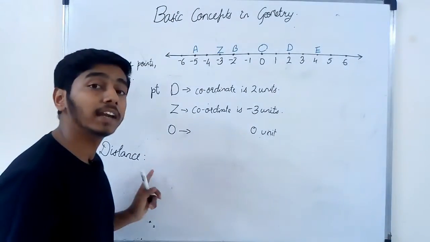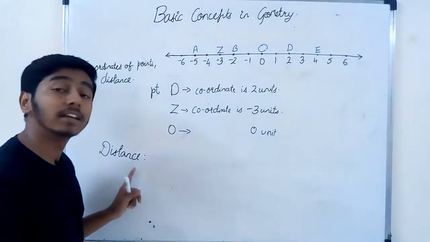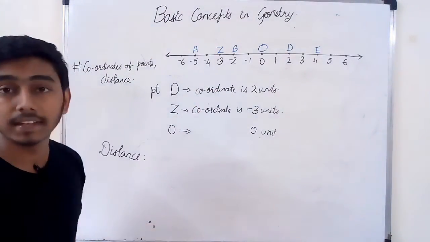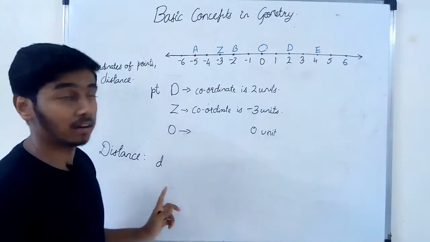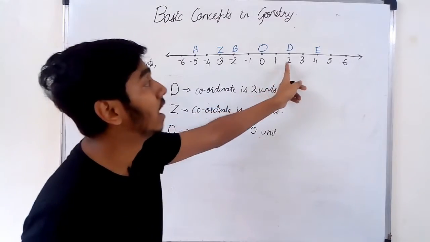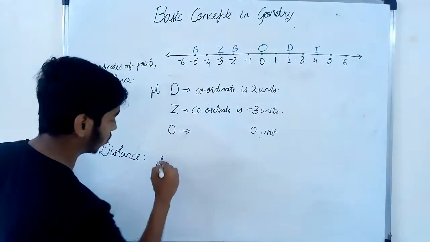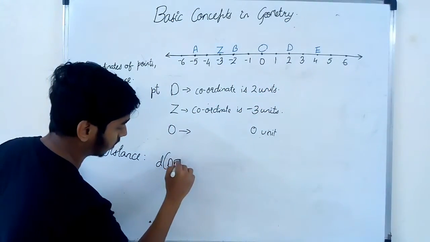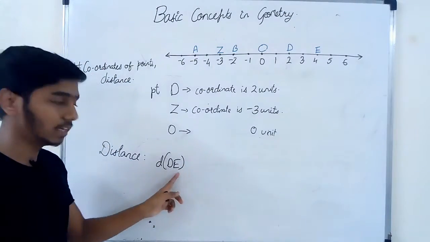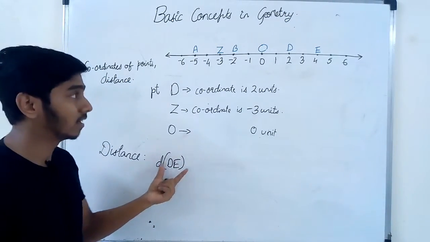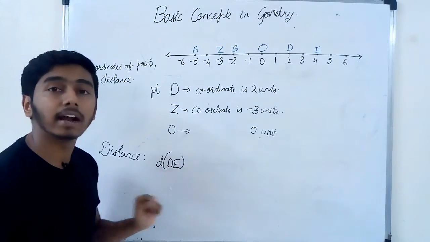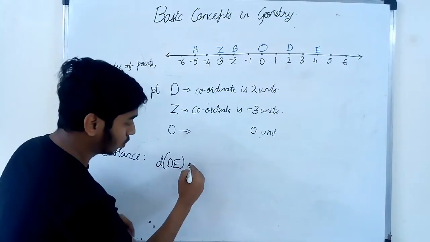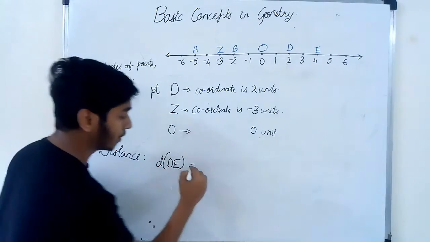Now we are finding how to find the distance between any two coordinates. To find distance, let's take for example the distance between D and E. Distance DE is written like this, D and E in the bracket.